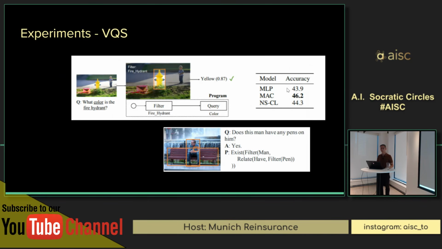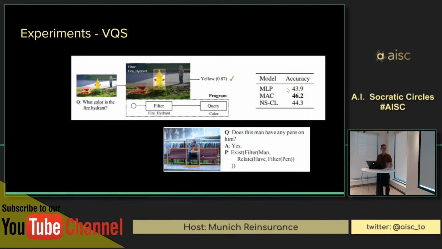Each question is associated with multiple image regions annotated by humans as necessary for the question. So as you can see, the neuro-symbolic concept learning approach didn't even achieve the same accuracy as the previous one and more lightweight MAC approach.